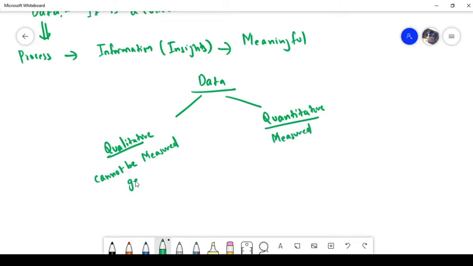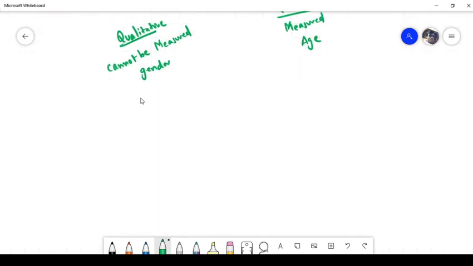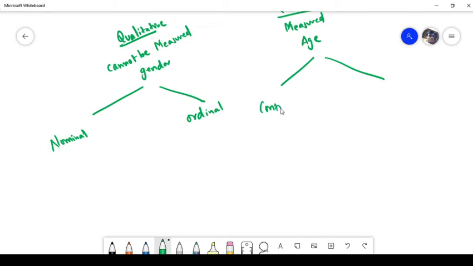For example, gender is a type of qualitative data, and age of a person is a quantitative data. Qualitative data is again classified into two types: nominal and ordinal. And quantitative data is again categorized into two types: continuous and discrete.